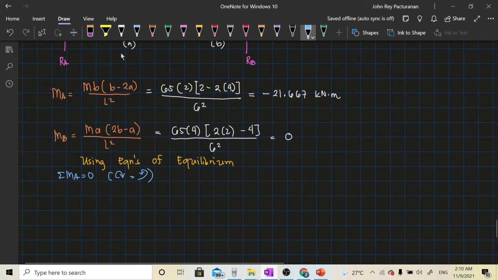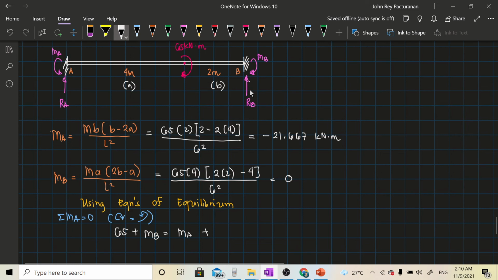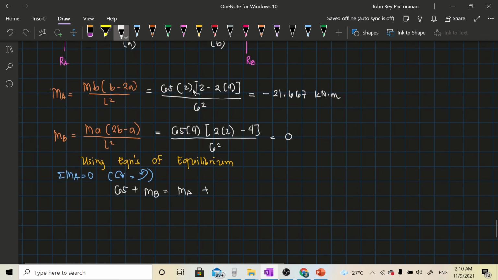Okay, so sulat natin yan. 65 plus MB, yung counterclockwise ay yung MA, tapos yung RB multiplied by 6 meters, no? So, 6 RB. All you need to do is to substitute the given, no? So, 65 plus 0 is equal to negative 21.667 plus 6 RB. So, therefore, the value of RB is equal to 14.445.